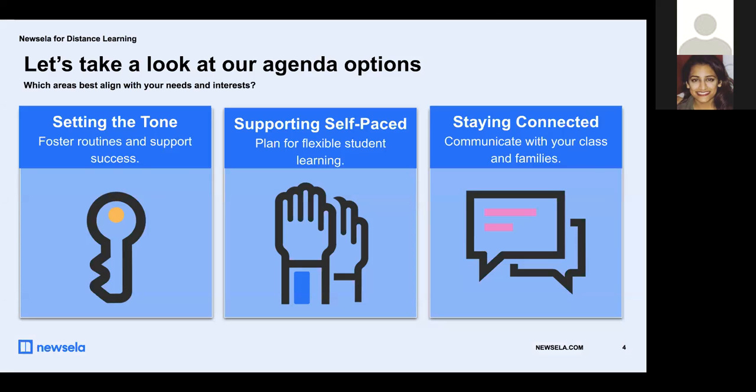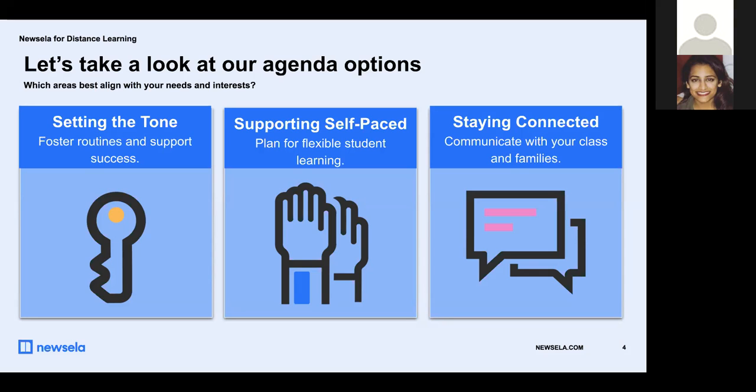There are 3 sections today in this session. We're going to first talk about setting the tone, and that is going to deal more with routines and how to have students feel like they're still in a classroom type setting, even though they're at home. The second section is supporting self-paced or student-driven learning.